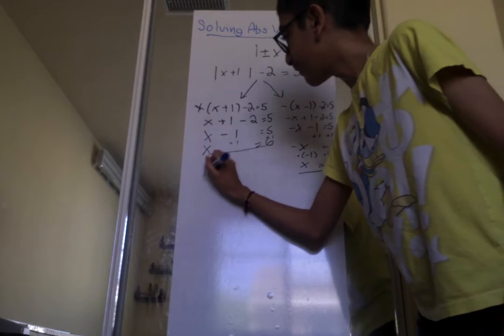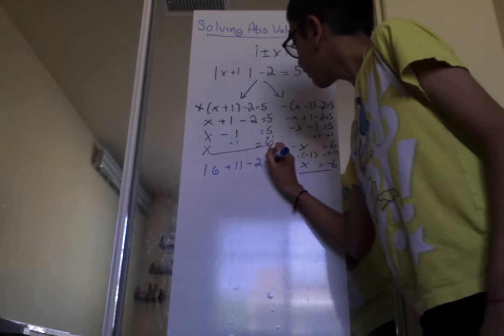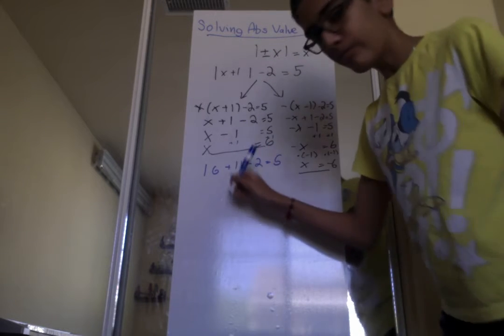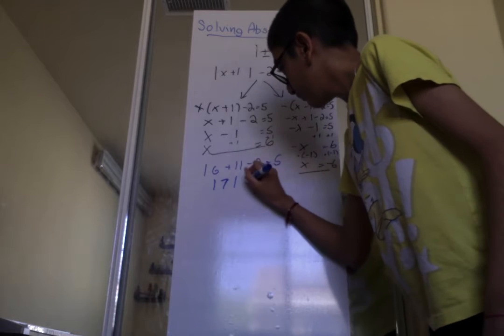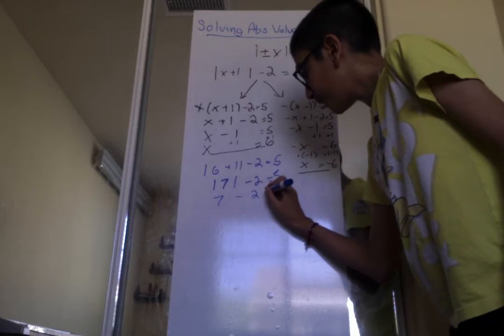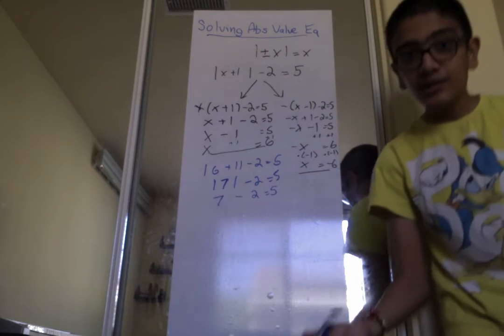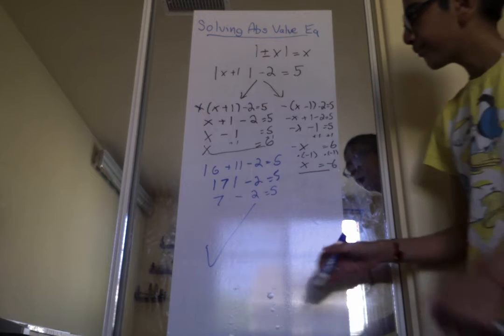Let's do that with the first one. The absolute value of 6 plus 1, minus 2 equals 5. We replace the x with the 6. Now we need the absolute value of 7, minus 2 equals 5. The absolute value of 7 is 7, minus 2 equals 5. 7 minus 2 is 5. That's a true statement. So that means this is correct.